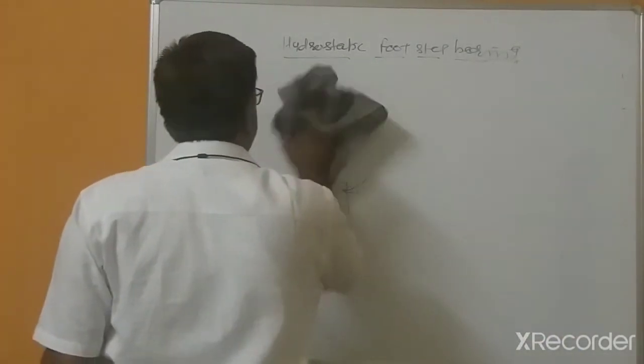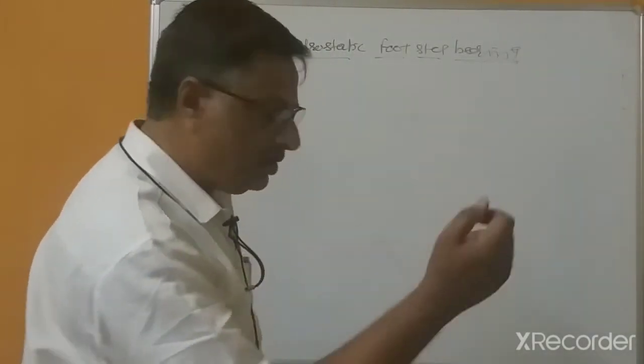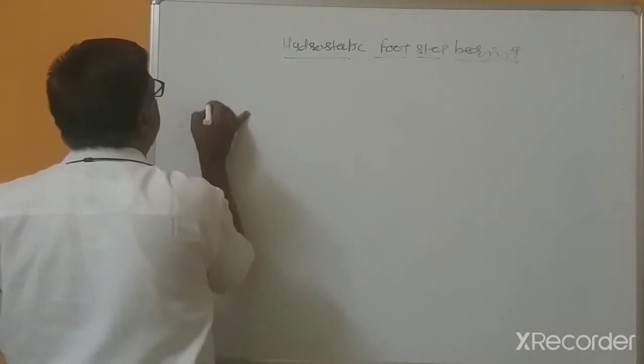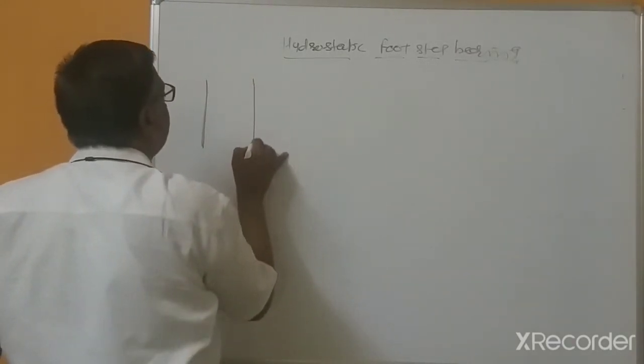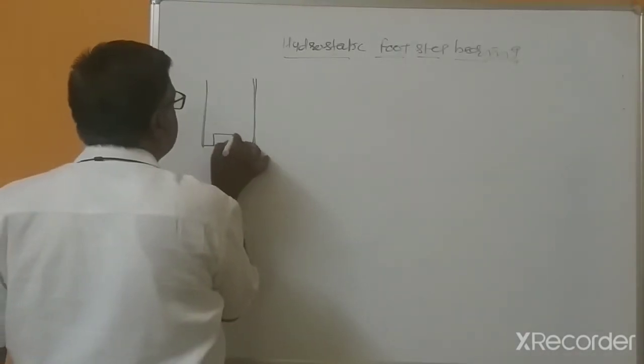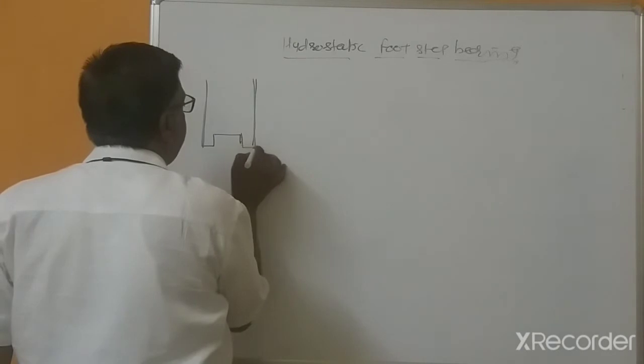In footstep bearings, oil enters from the bottom side. Suppose this is the shaft, and oil enters from the bottom.